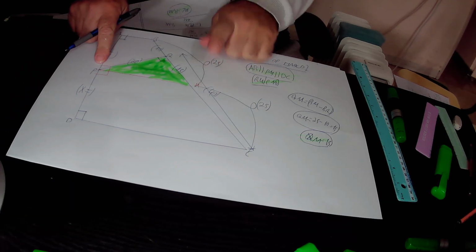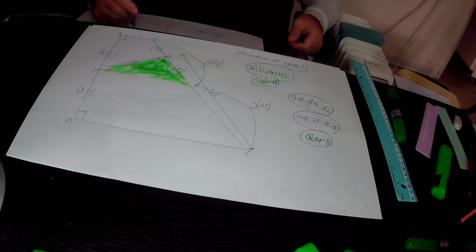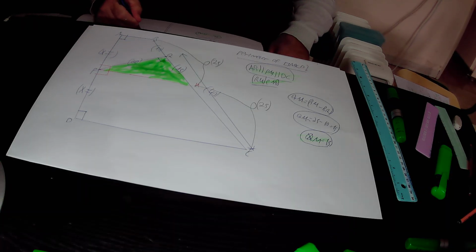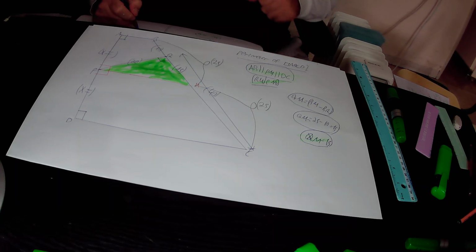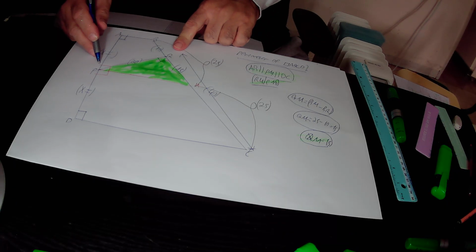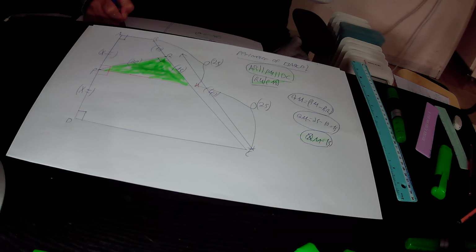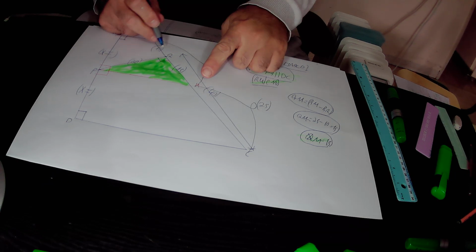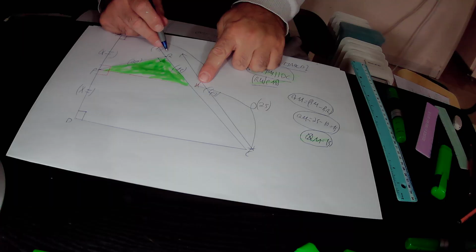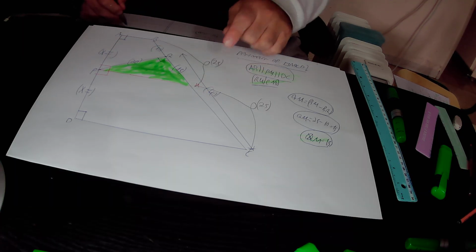PM is the missing side, so we leave it as it is. So PM squared equals PQ squared. PQ is 20, and therefore PQ squared is 20 squared, that is 400. Plus QM squared. QM is 15, and therefore QM squared is 15 squared, that is 225.